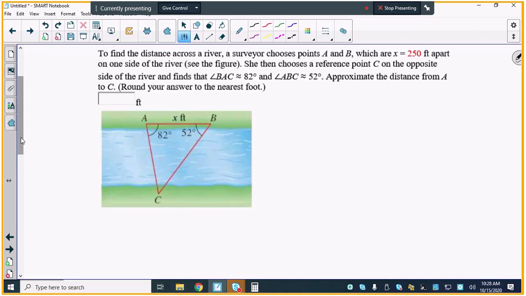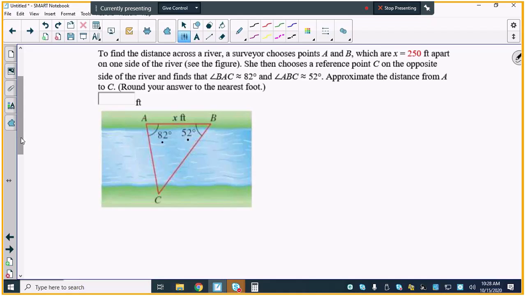So now I know that X is 250 feet. Then he chooses a reference point C on the opposite side of the river and finds that angle BAC is 82 degrees and angle ABC is 52 degrees. Approximate the distance from A to C and round your answer to the nearest foot.